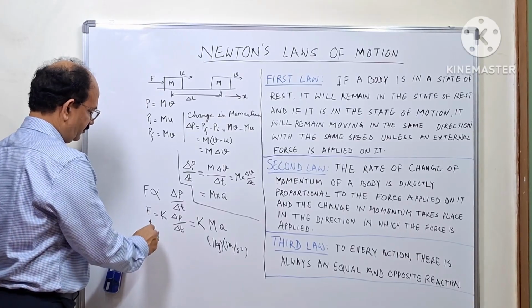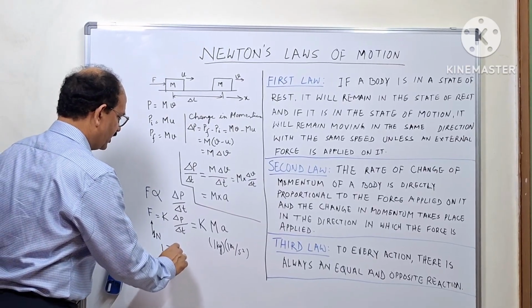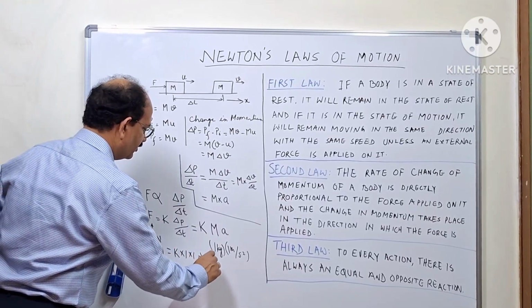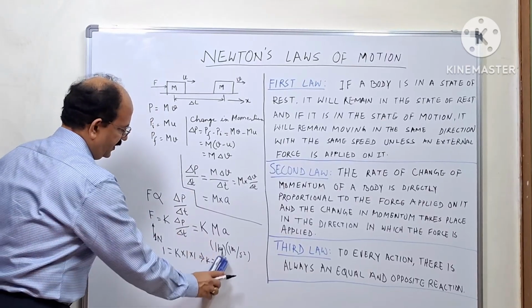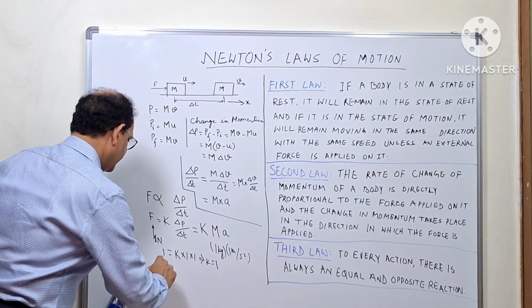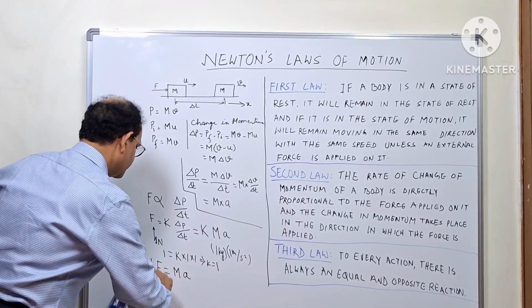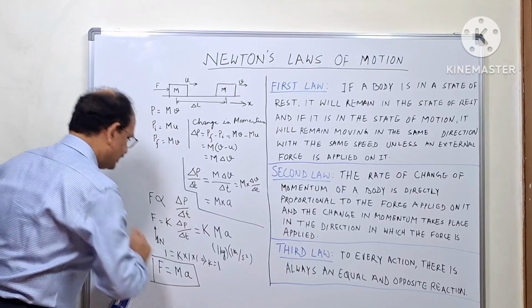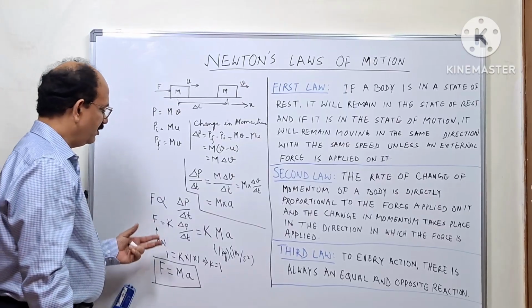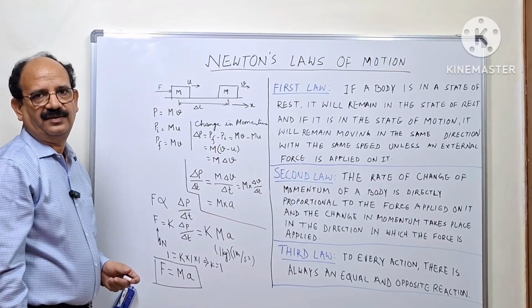So then you can see that this 1 will be equal to K times 1 times 1, and therefore K will become equal to 1. And then you can write that F will be equal to mass into acceleration. So this equation F equals ma becomes the mathematical form of the second law of Newton.